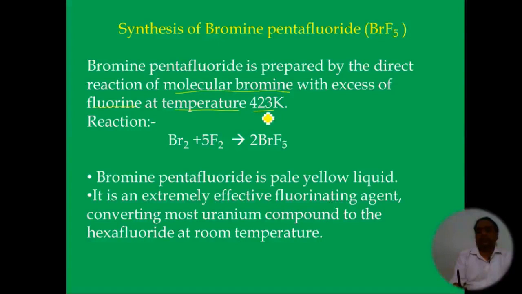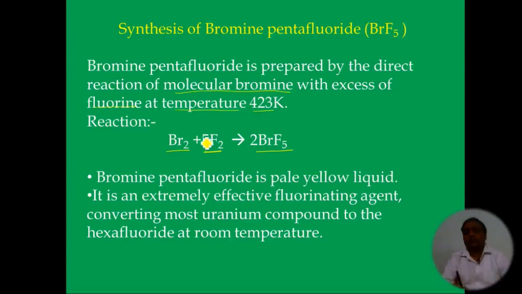So at 423 Kelvin, we just mix bromine with excess molecular fluorine, and it gets converted into the higher interhalogen compound, bromine pentafluoride.